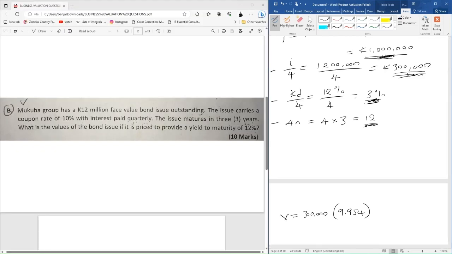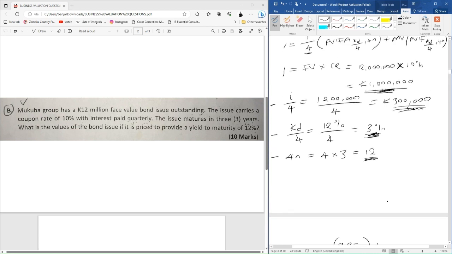Remember, this is an annuity because this 300,000 kwacha is an interest payment we're making quarterly for all of the 3 years. So it's a cash flow that's going to be consistent throughout a specified period of time. And so it's an annuity. So we multiply by our present value interest factor of an annuity, and then we're going to add it to our maturity value, our MV.